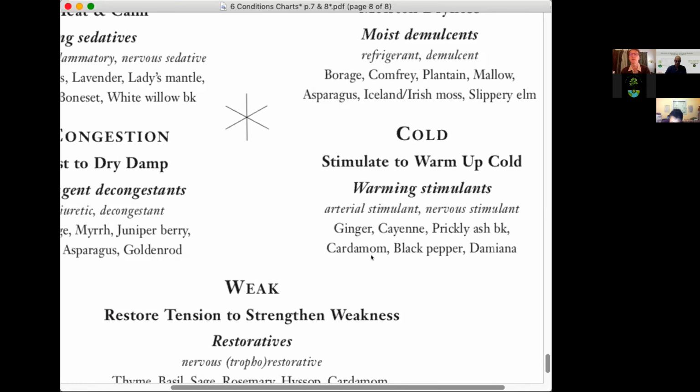Cardamom, originally from India, and black pepper, the warming spices, right? Cardamom, black pepper, nutmeg belongs to this group as well, right? And from Mexico, damiana, right? Which is not as hot as cardamom or black pepper, but it's definitely warming. Okay.